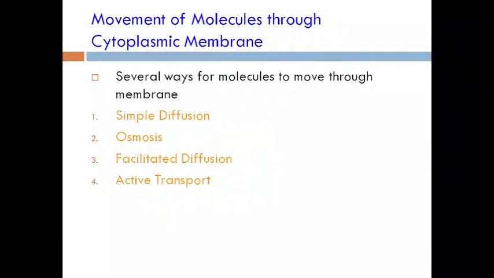Then come the different types of movements which take place through the cytoplasmic membrane. They are simple diffusion, osmosis, facilitated diffusion, and active transport.